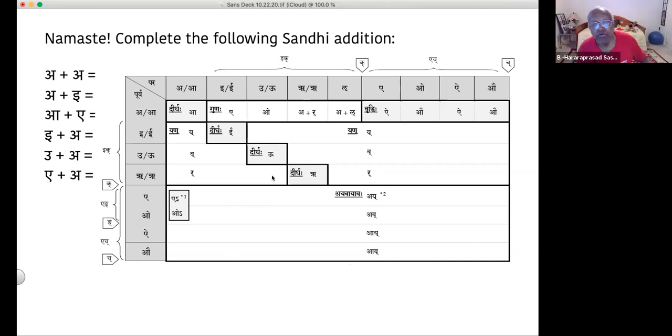Okay, thank you. I have two questions, sir. One is in the Gunasandhi on page 46, the author says it is Avarna on the Purva and Ach on the Para.